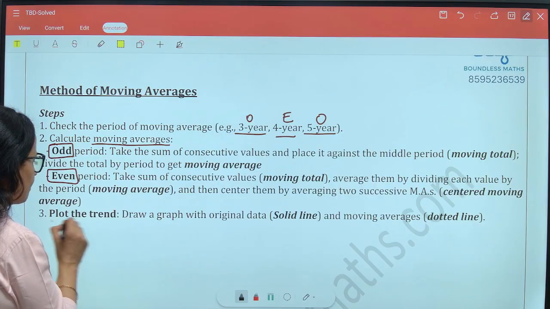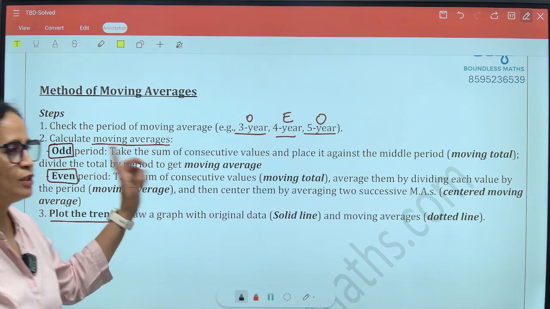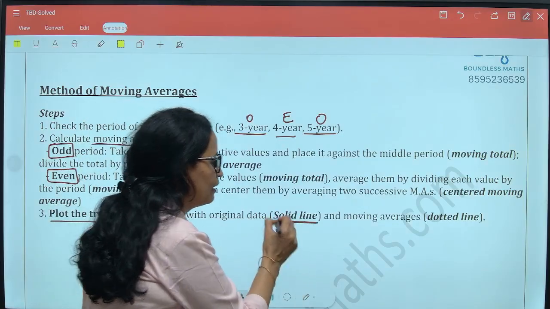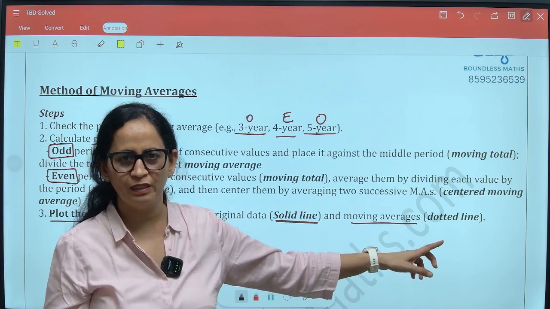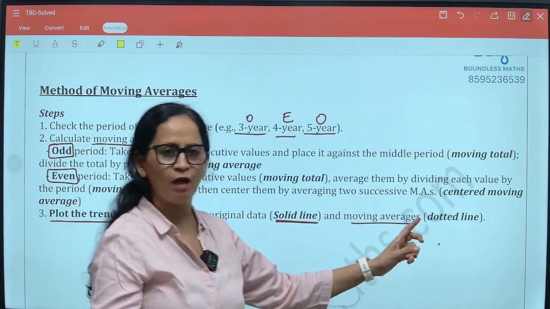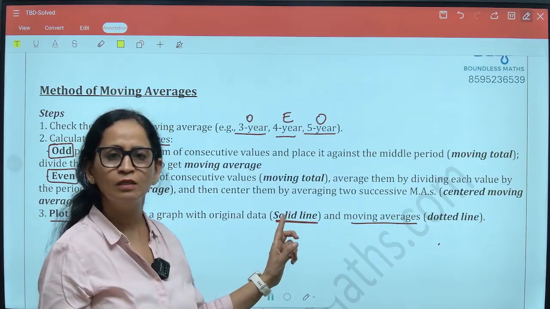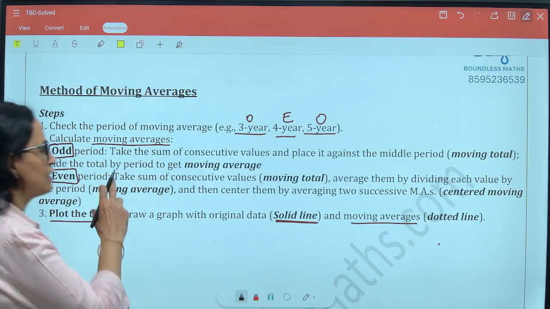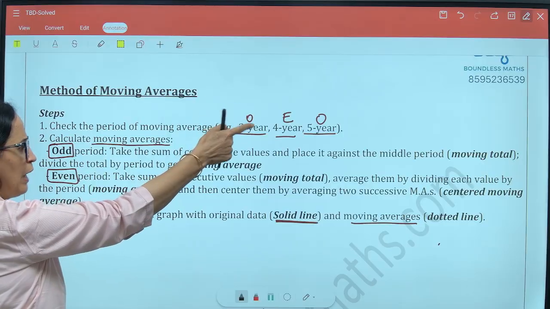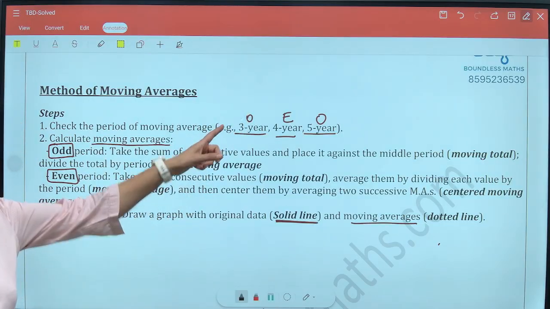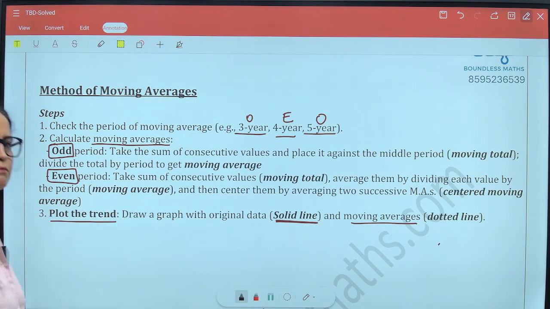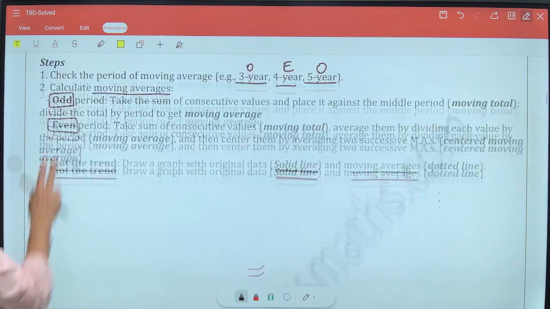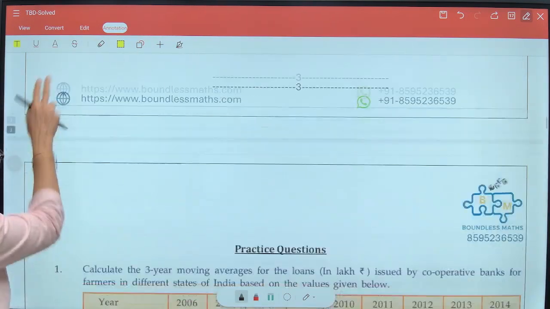And the third step is plot the trend, draw the original values using a solid line and the moving averages that you have calculated using the dotted line. So this is showing you the trend, upward or downward, and this is showing you the actual values. So the objective here is first understand the duration of the average, according to that find the moving averages and then plot them to understand the trend of the data. So let's start with the first example.